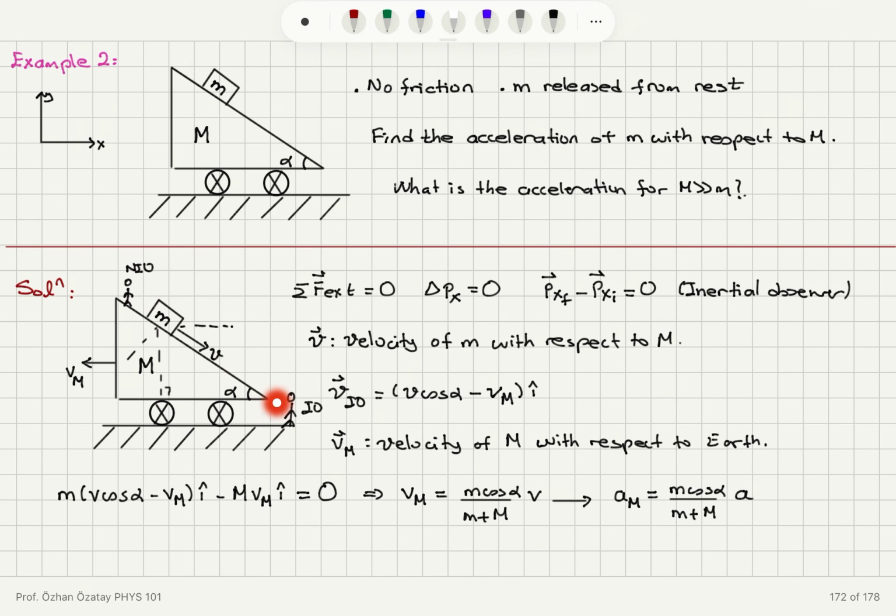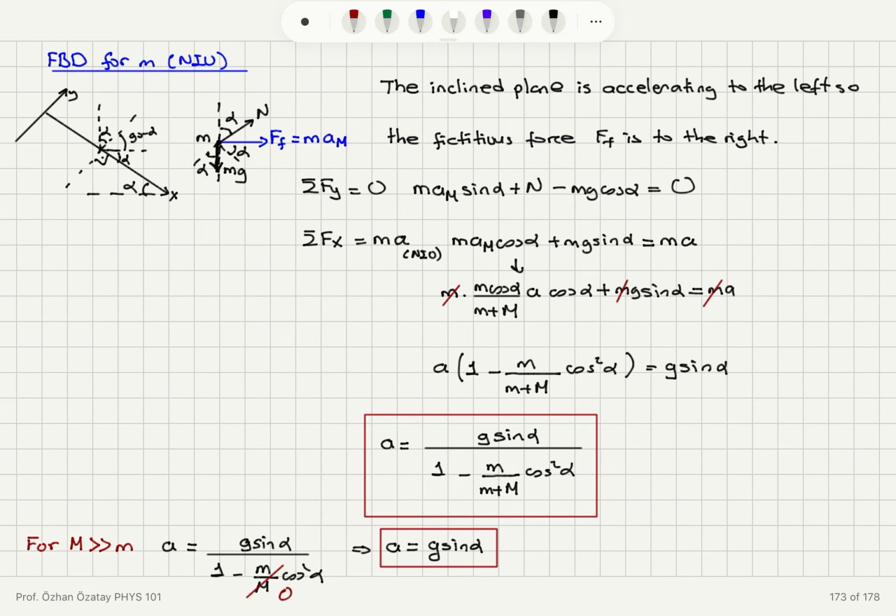This is just remaining on the ground, and this will just have an acceleration equal to g sine alpha. So it will be under the influence of the force mg sine alpha, which will give its acceleration g sine alpha. So this basically makes a lot of sense. Therefore, in this limit, our answer seems to work well.